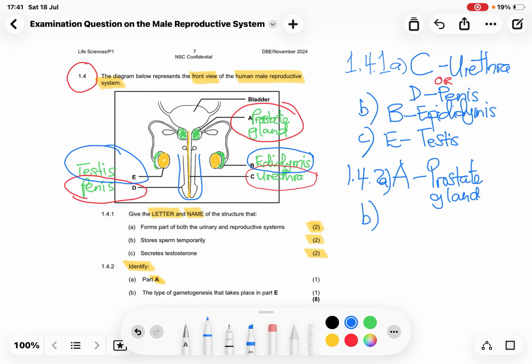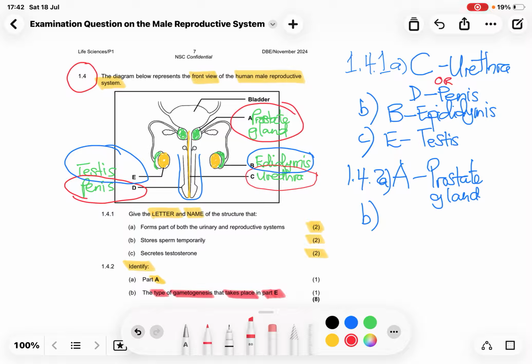Part B requires some understanding of concepts here. It is asking for the type of gametogenesis that is taking place in part E. So here you need to know what gametogenesis is for you to be able to answer this question correctly: what gametogenesis is, the two types of gametogenesis that we have, and where they take place.